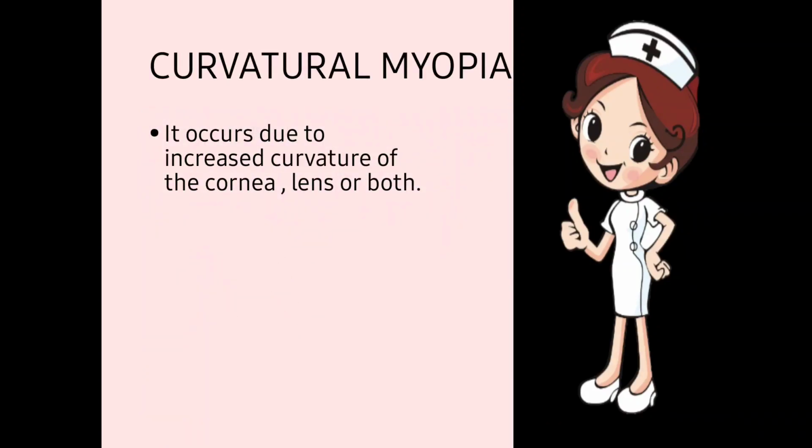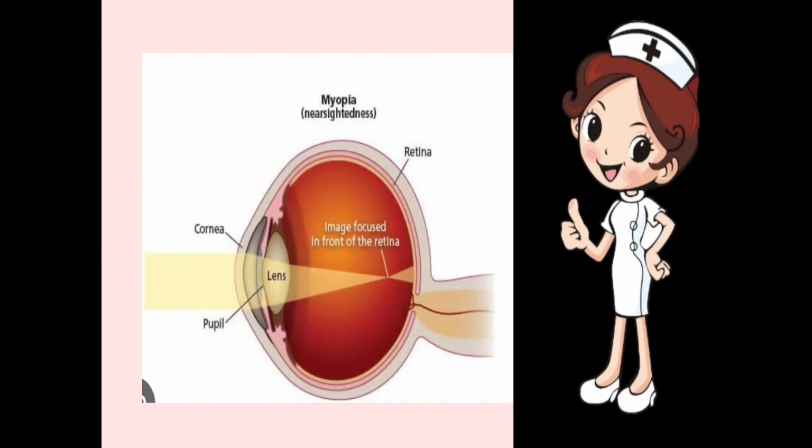Next one, curvature myopia. In curvature myopia, the curvature of the cornea or the lens increases. This one is the cornea. Sometimes the cornea becomes more curved, and due to its curved nature the rays of light will not focus on the retina.